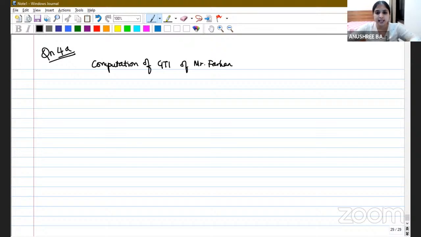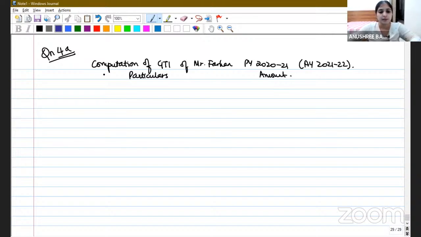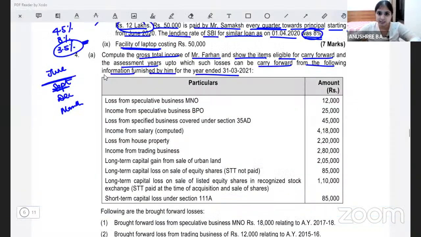We are doing this calculation for previous year 2021, assessment year 21-22. So make a particulars column and a broad amounts column. That's all. All my losses I will keep aside, just my incomes I will consider.